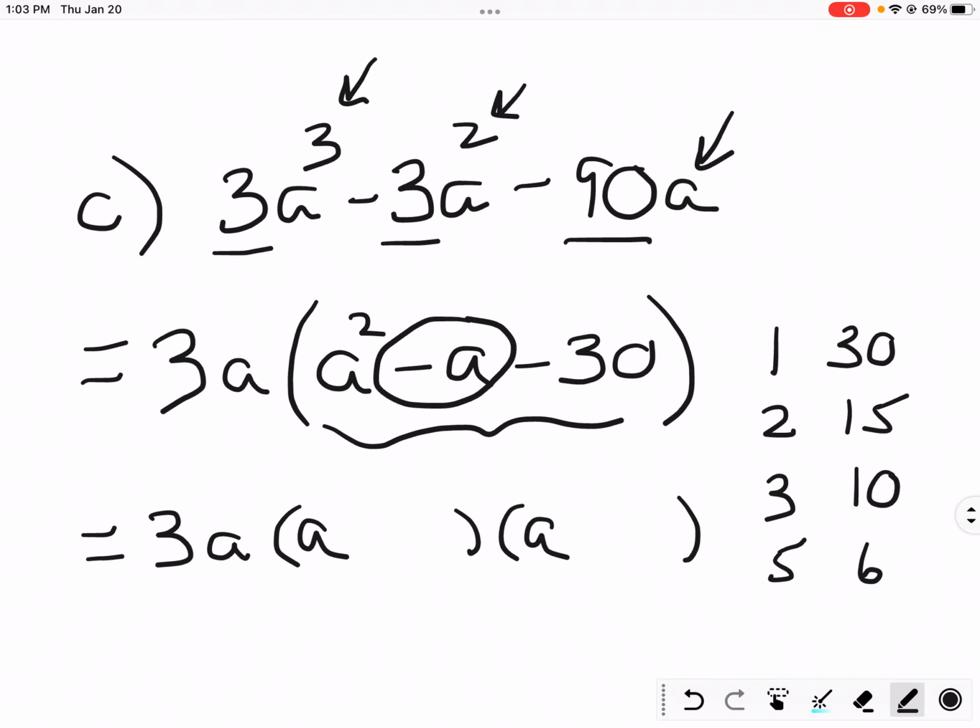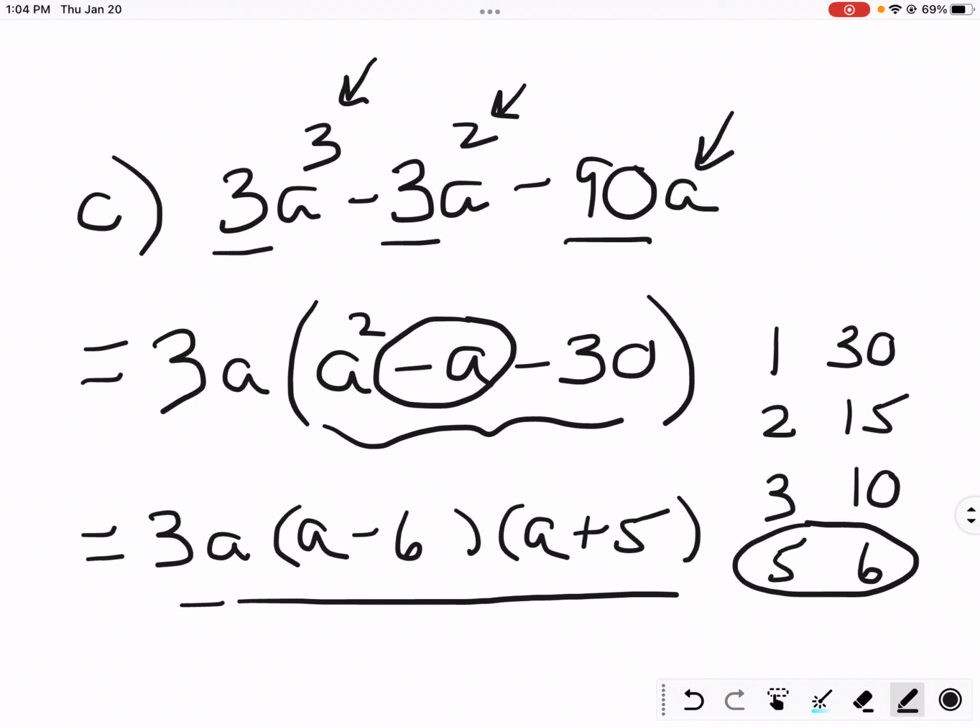How can any of these add to negative 1? Well, you know what? I think if I did negative 6 plus 5, I would get negative 1. And if we were to expand all of this, we would wind up right back there.